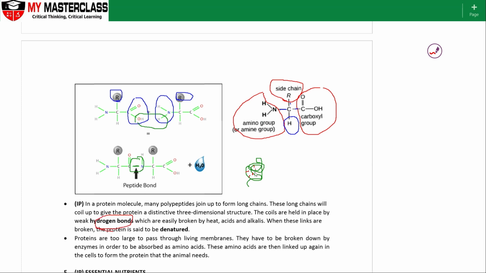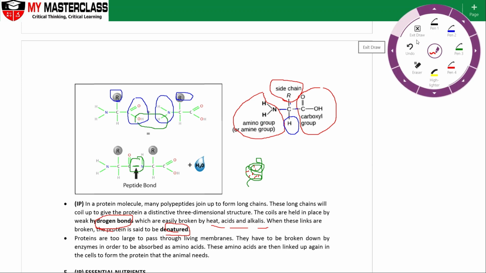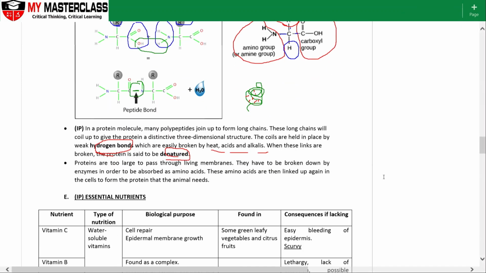These hydrogen bonds help to keep the shape together, but when I heat the protein up to extremely high temperatures, or there is presence of acids or alkalis that change the pH of the surroundings, these bonds are lost. Once the bonds are lost, the protein structure is no longer as it is, and therefore it is said to be denatured.